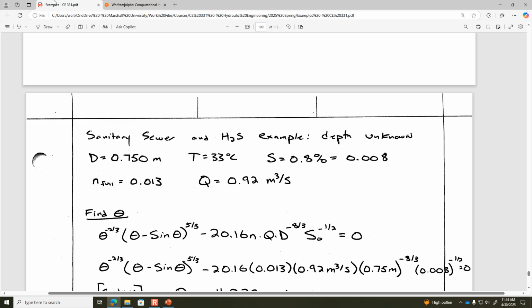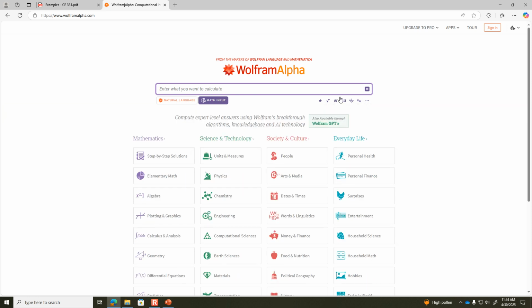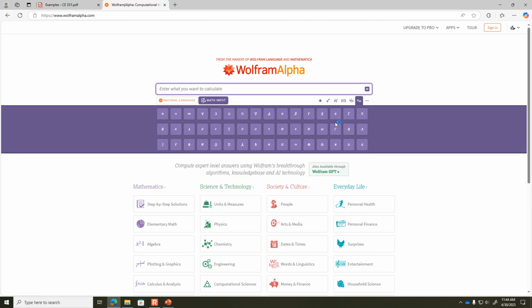Okay, so let's see if we can get Wolfram Alpha to give us this one. I could use any variable, I guess, but I'll put it in terms of theta.